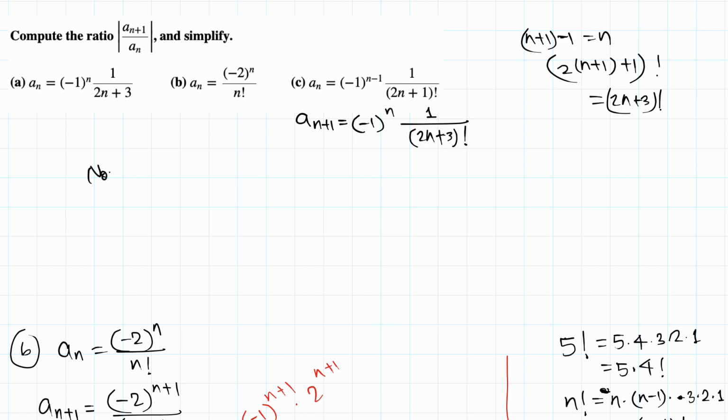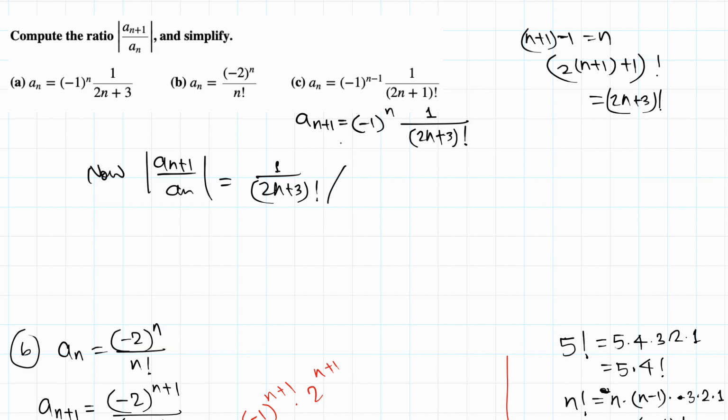Now let's find the ratio, a_(n+1) over a_n. And we know that when we take absolute value, this negative 1 to the n becomes 1, so I'm not going to even write that. So a_(n+1) is simply 1 over 2n plus 3 factorial. I got rid of this absolute value because that is going to make negative 1 to the n just 1.